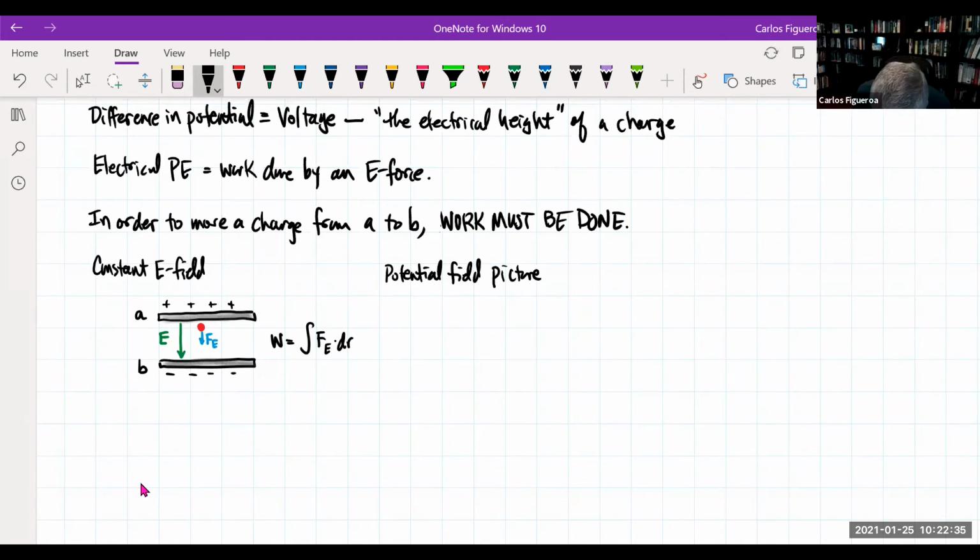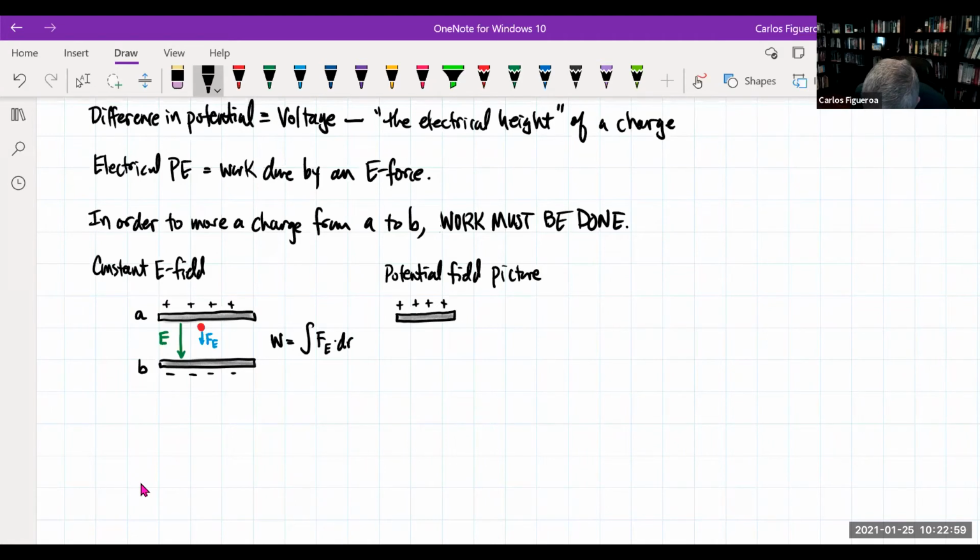This represents a positive plate, which we already know has some value here. But what do we measure this from? We measure this from the potential difference here.